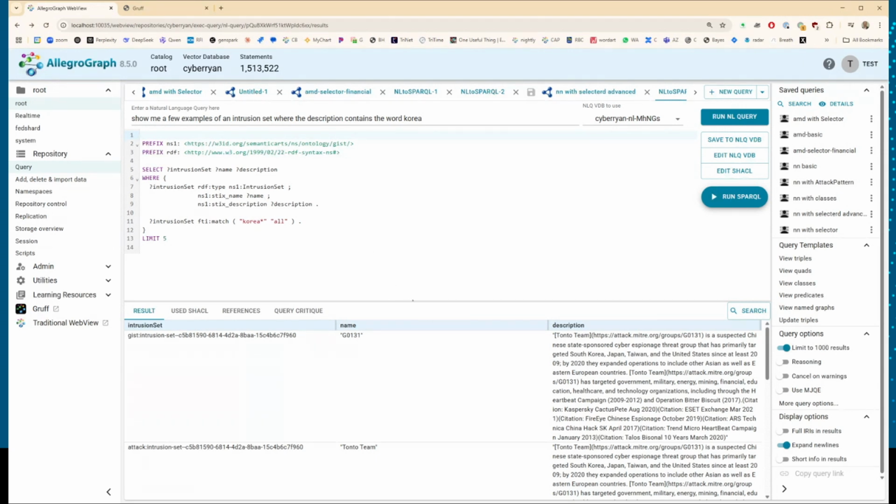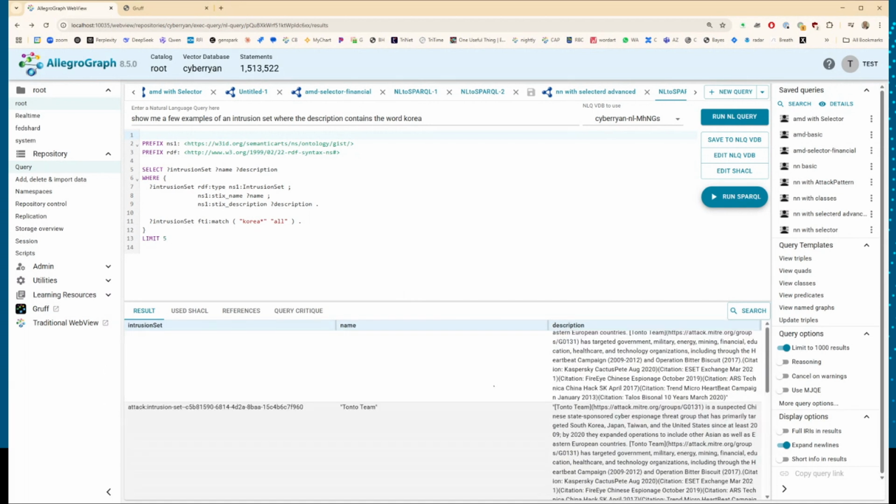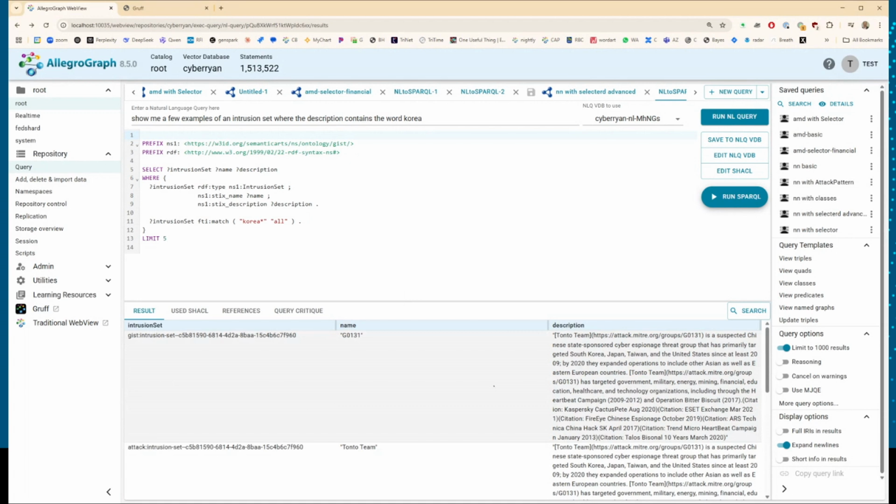Quick interjection. John DeSanto is asking, I may have missed this, but what is mapping the English to SPARQL? Is that a call to an LLM? Yeah. And then you said it's validated through SHACL validations.